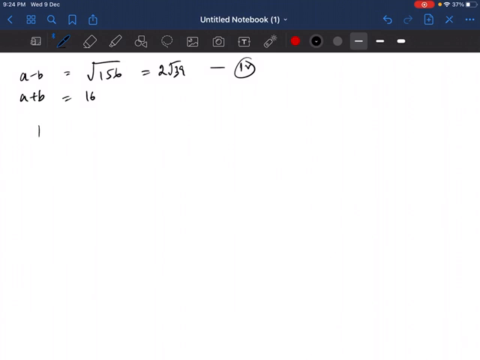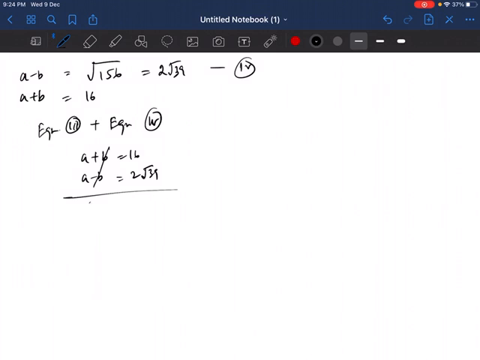Now equation 3 plus equation 4. I am adding two equations, a plus b is equal to 16 and a minus b is equal to 2 root 39. If I add them, these two get cancelled. So 2a is equal to 16 plus 2 root 39. Therefore a is equal to 16 plus 2 root 39 divided by 2.